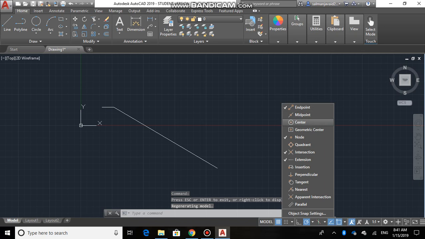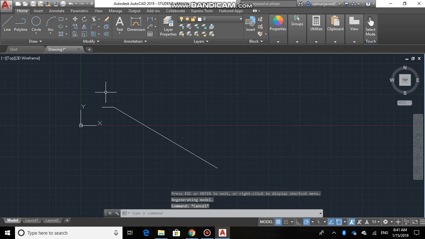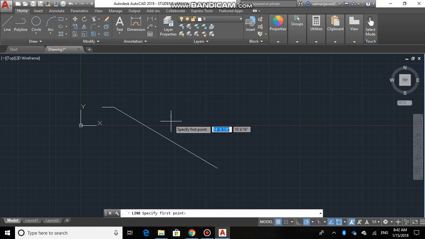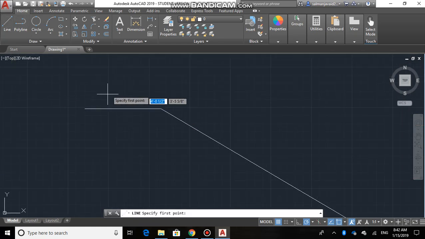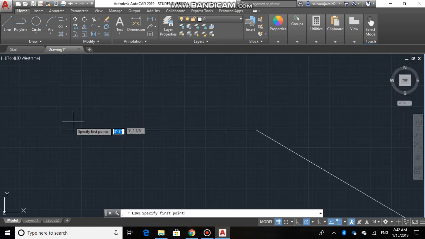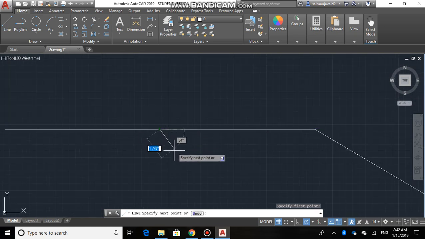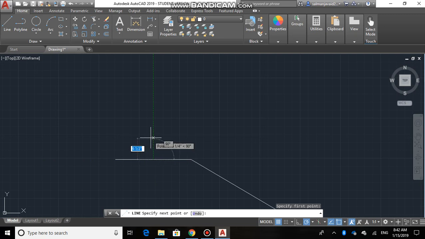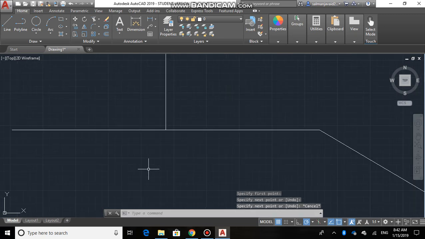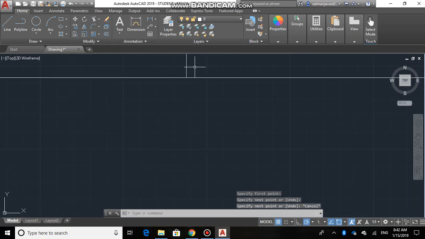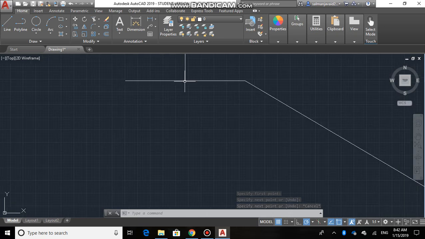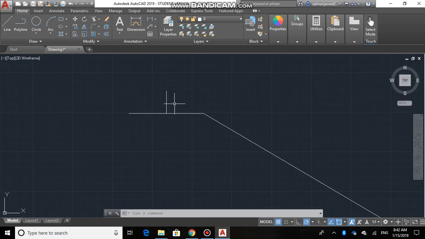The next thing is midpoint. Midpoint can be found by looking for a triangle. I will go back to the small line. Now here it is. This is the midpoint. This was midpoint, and the line I have drawn is perpendicular to the surface.